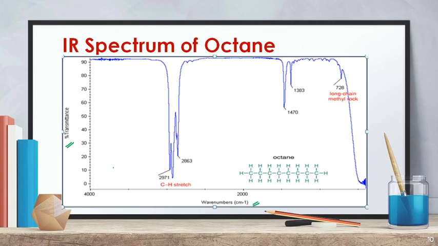With respect to percentage transmittance and wave number, we have this graph, and we call this graph a spectrum. In IR spectroscopy we study this entire phenomenon.